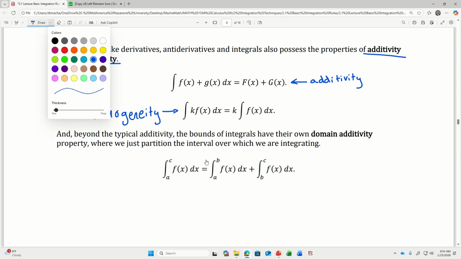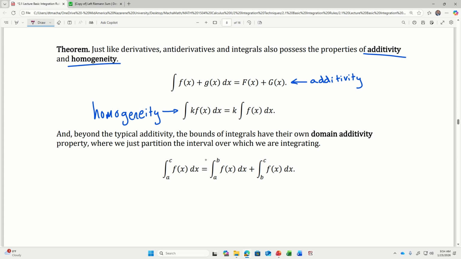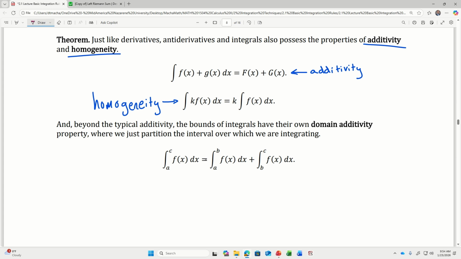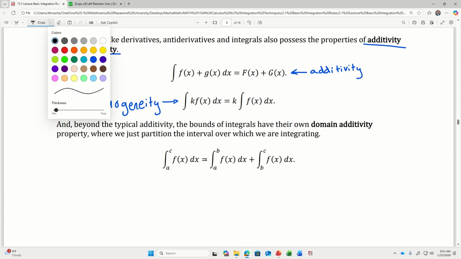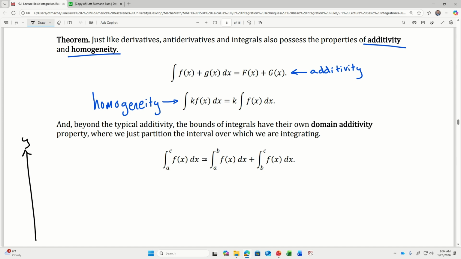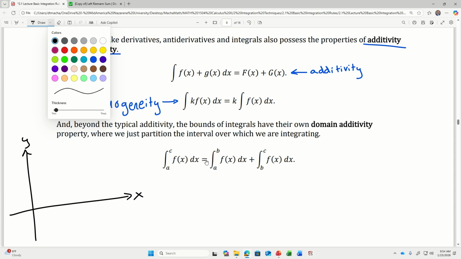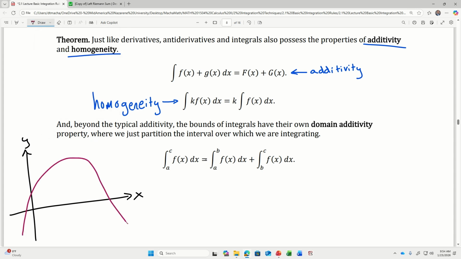The next thing that you might think about is what we call integral domain additivity. And the way it works is like this. I've got my y-axis and my x-axis. And here's a function.